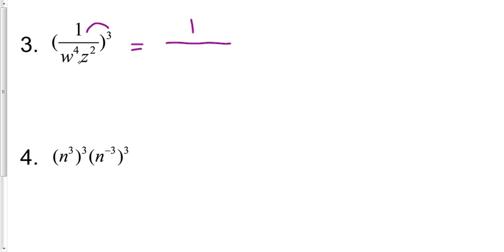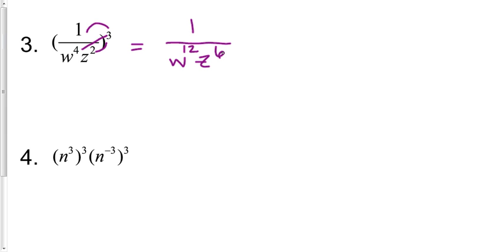If I take w to the fourth to the third power, a power to another power, the shortcut is to multiply those. W to the fourth to the third gives me w to the 12th. Z squared to the third power, that's z to the sixth. We're multiplying the exponents. And so I've simplified this into 1 over w to the 12th, z to the sixth.